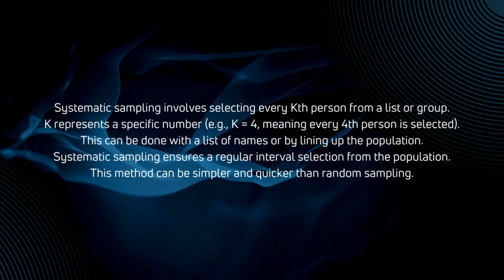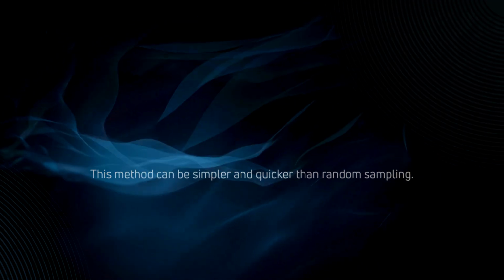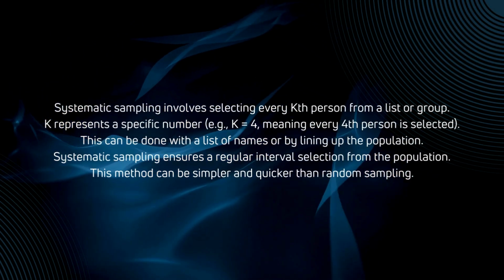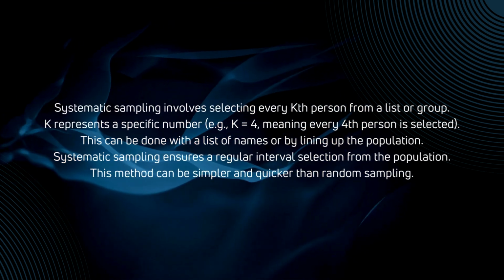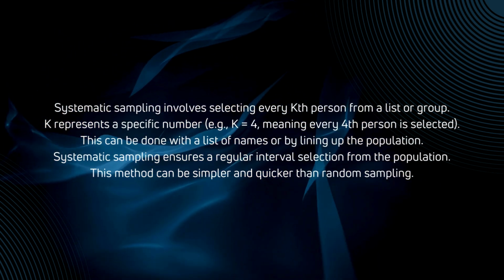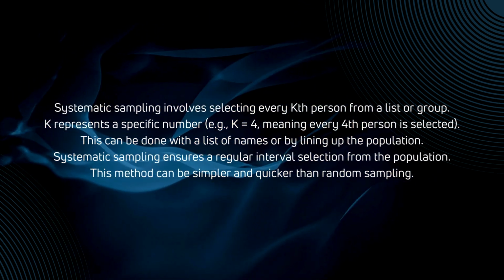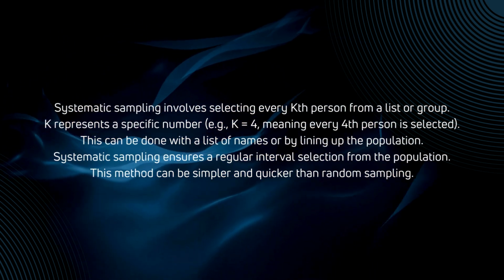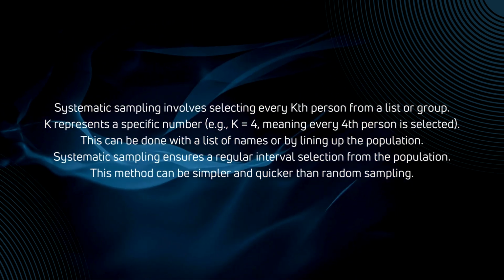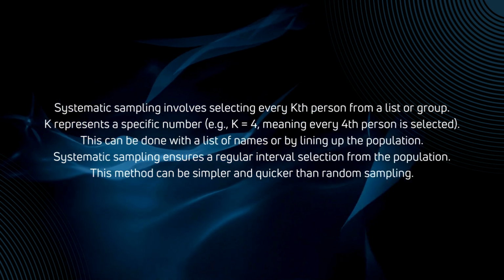Another way to find a random sample is to use systematic sampling. In systematic sampling, we want to look at every kth person, which is every K person, the letter K. K represents a number.